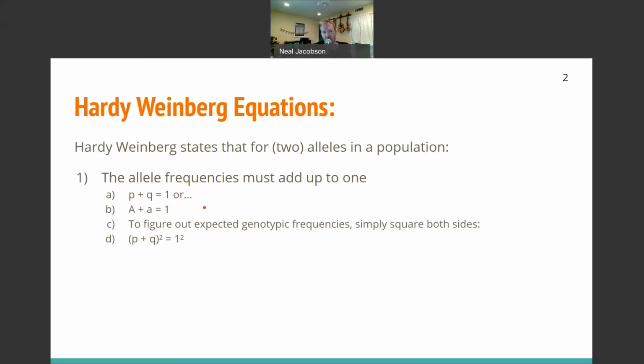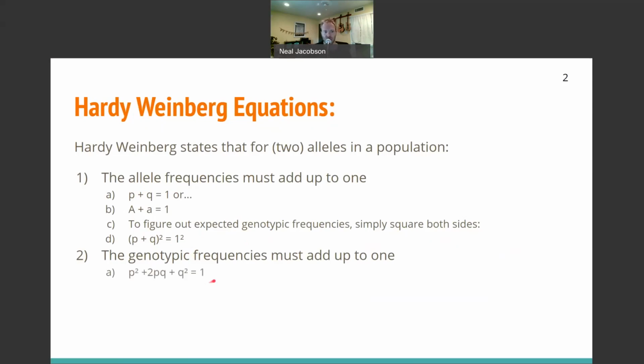So you're doing the FOIL method, you square both sides, and then you can expand that equation out. And what you'll notice is that the genotypic frequencies also have to add up to 1, because the proportion of one genotype plus the proportion of another genotype plus the proportion of the last genotype encompasses all genotypes in a population, so they all have to add up to 1.